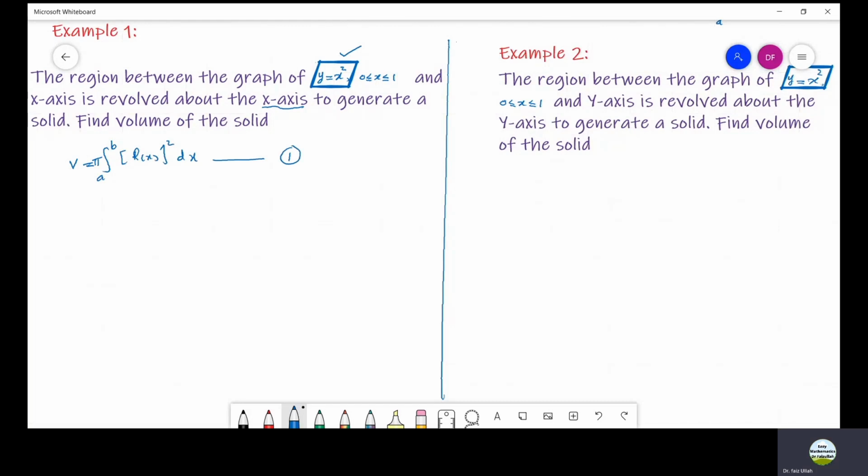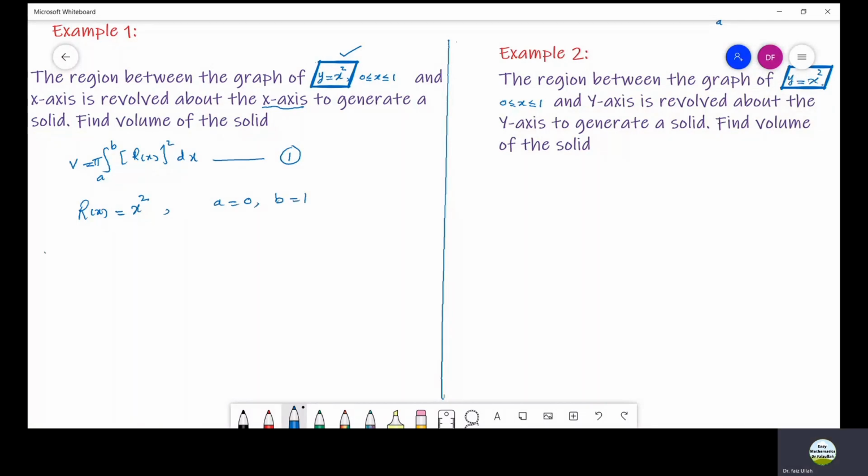Now in this formula, here we have r of x which is equal to y. Y is f of x, and that is x square. And the limits are a is 0 and b is 1.